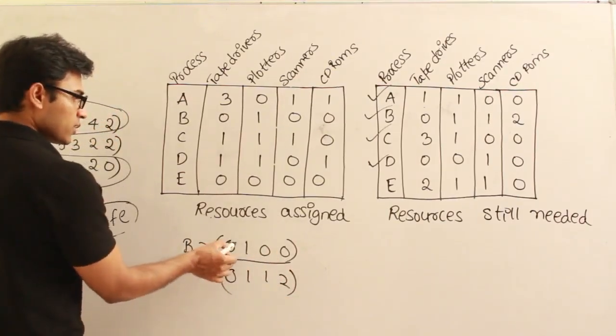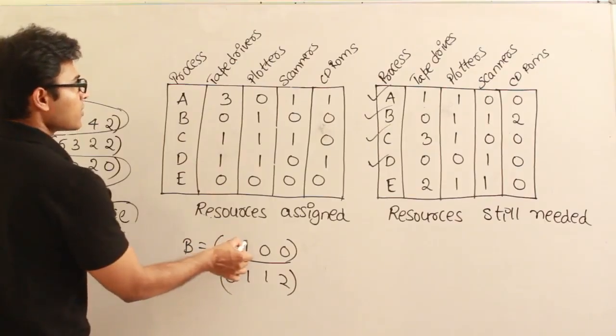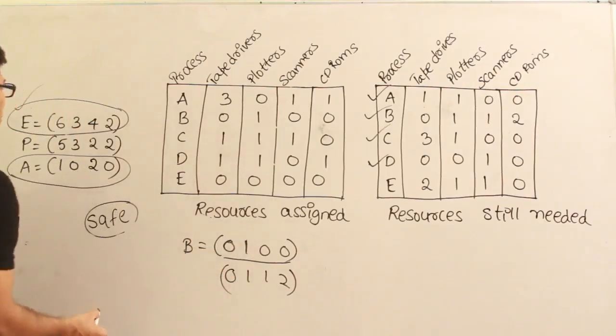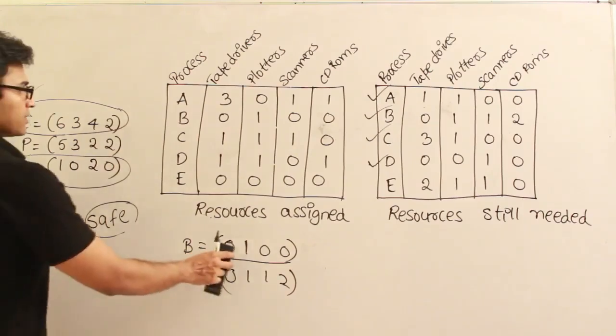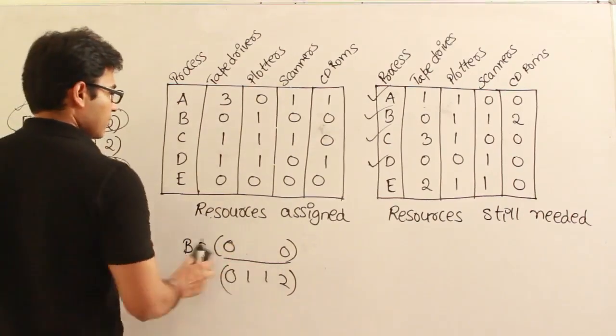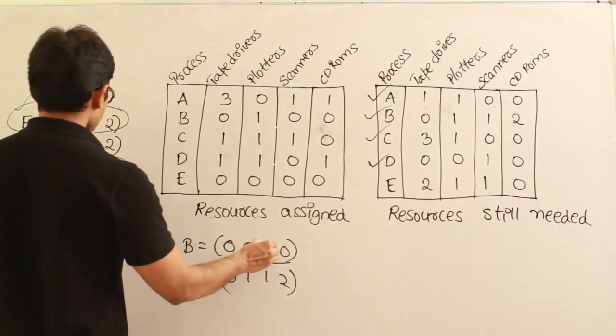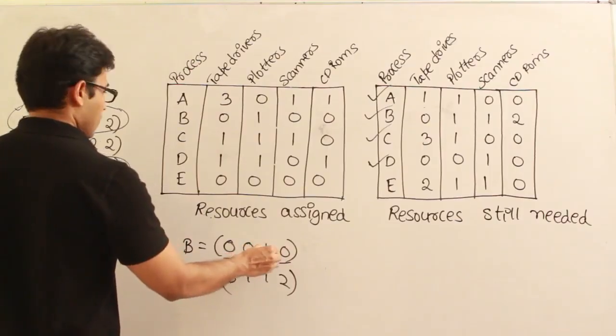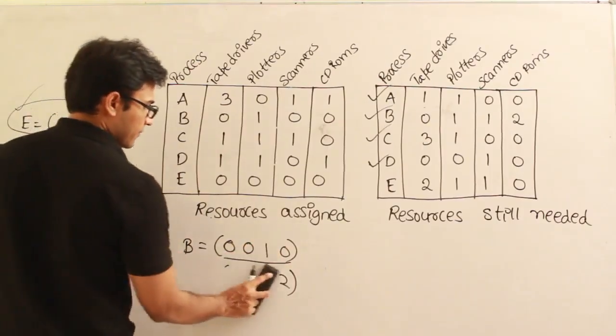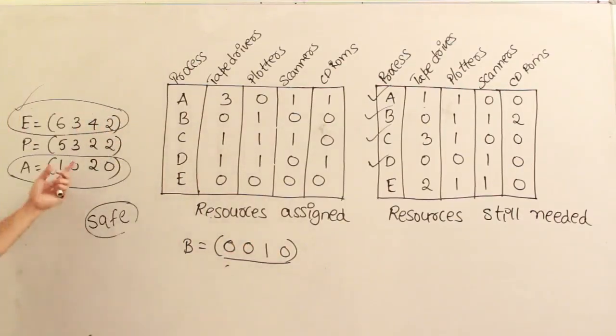It is requesting you to give it one plotter. Or maybe instead of a plotter, let's say a scanner. Let us say B is asking for 0 0 1 0, because anyway this is not available.